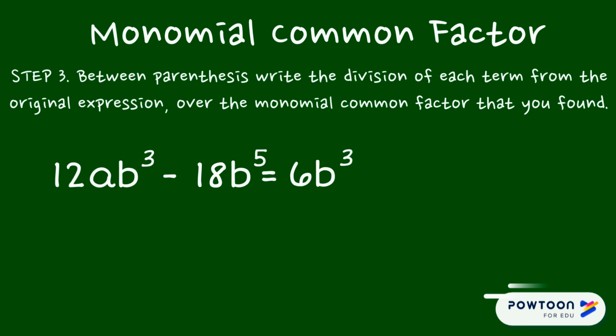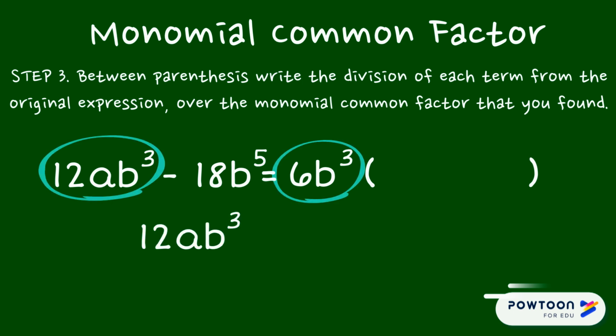Now, between parentheses, write the answer of the division of each term from the original expression over the monomial common factor that you found. So, you must first divide 12ab cubed over 6b cubed, and your answer would be 2a.